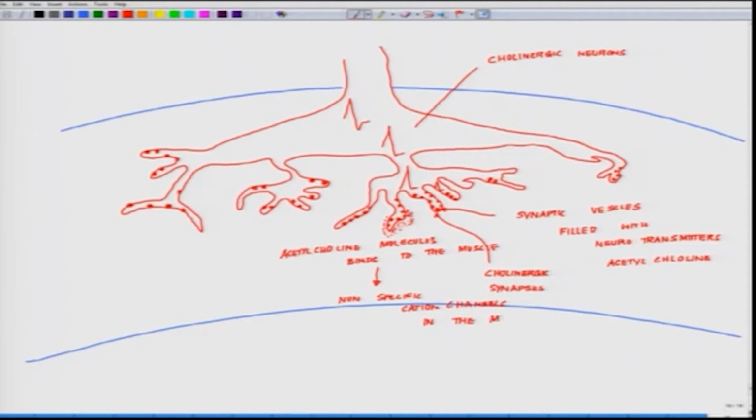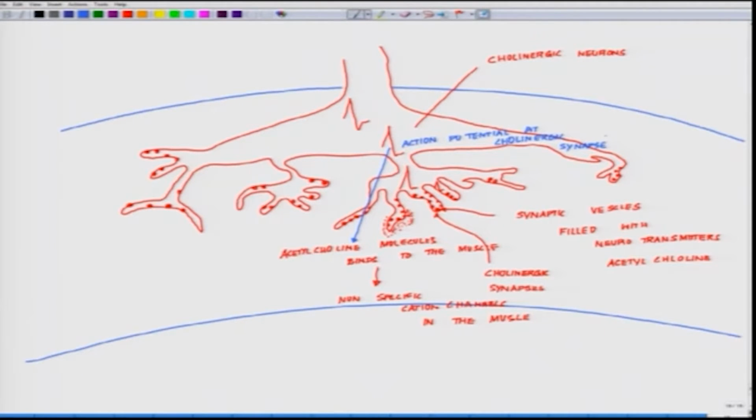So, going back a little bit: there is an action potential at the cholinergic synapse.